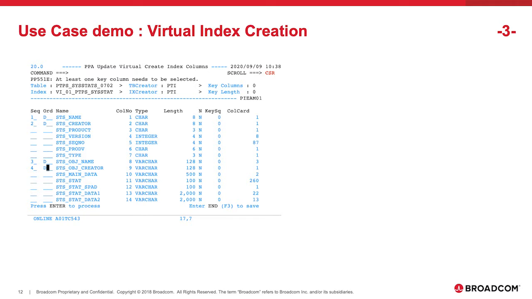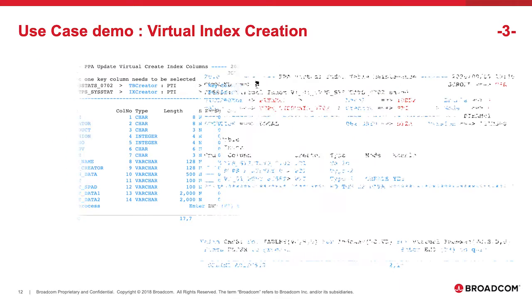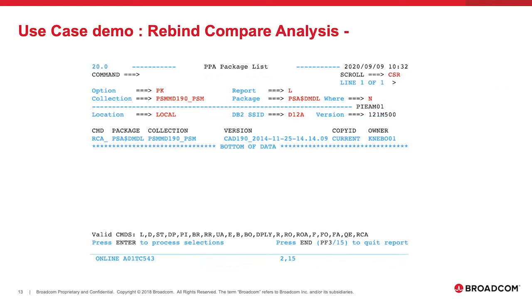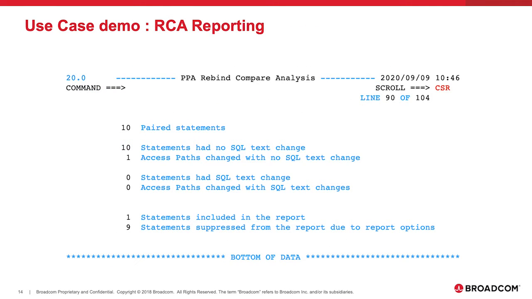It's very important to remember that this index definition is stored only in the Plan Analyzer repository and doesn't exist in the real DB2 catalog. We can run the Rebind Compare Analysis again, and now we will see that the SQL statement remains the same, with no SQL text change, but one access path has been changed without SQL text change.